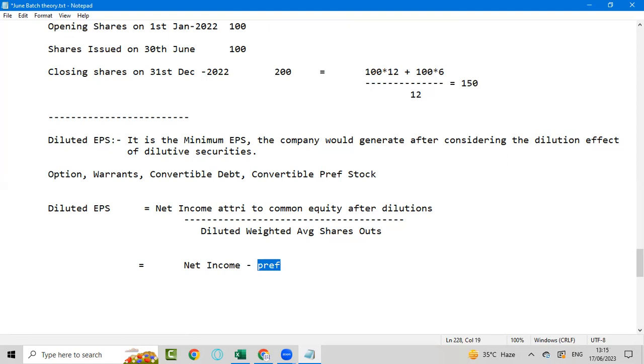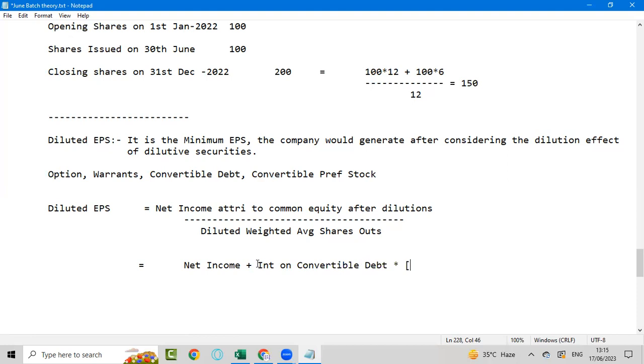So what we were deducting in basic EPS, that preference dividend, will not be deducted now. Making sense? Next, if convertible debt is converted to common equity, the interest paid on convertible debt will not be paid. So profit has come after deduction of that interest, so that has to be added. Plus interest on convertible debt. Now, listen very carefully.